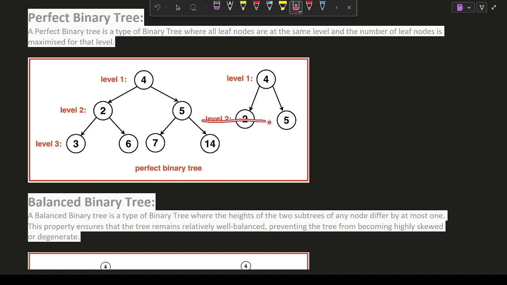This fills the level and maximizes the number of leaves. Similarly here, all levels are completely filled. If I remove some leaf, that will not be a perfect binary tree because it does not maximize the number of leaves.